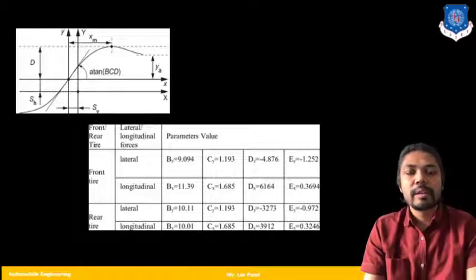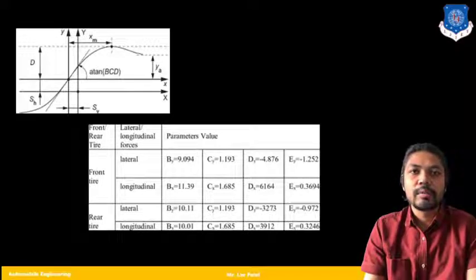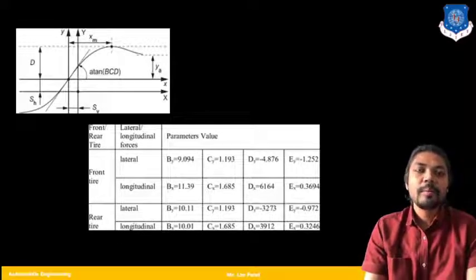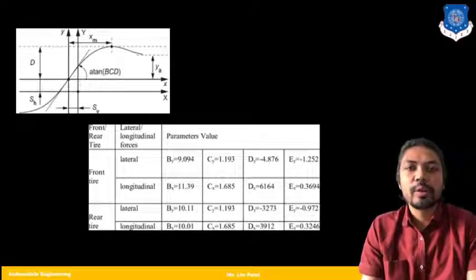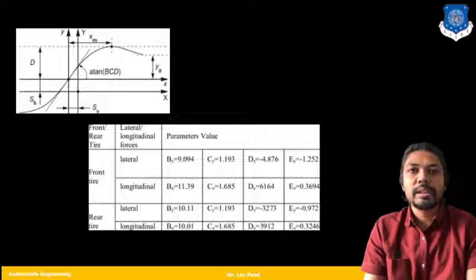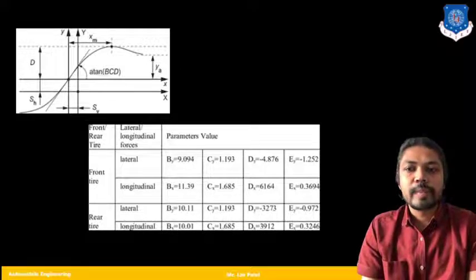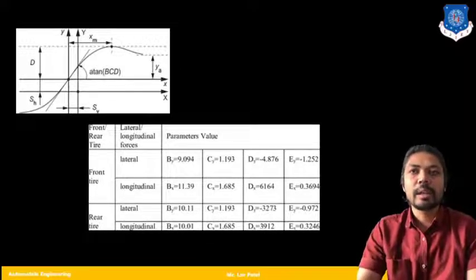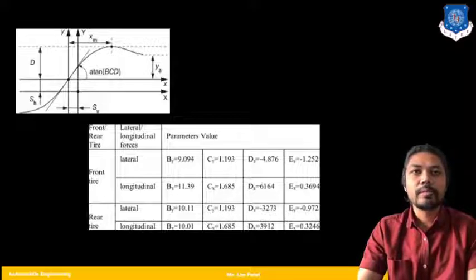So again, comparing lateral and longitudinal forces, the values of the B, C, D, and E constants are going to change. So the values are very different for the rear tires. So these are the constants that we have to keep in mind for this formula.